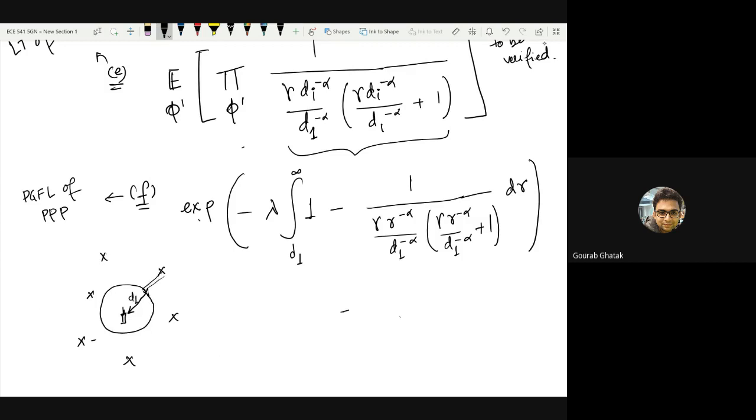So when these individual x's have been converted into a fluid interferer by taking a generic R, the domain of integration of this R goes from d1 to infinity. Okay, so whenever you calculate this expression, it will turn out to be a function of d1, not only because d1 is present here, but also because d1 is part of the integral limits. This will evaluate into, and from here we will continue in the next class.